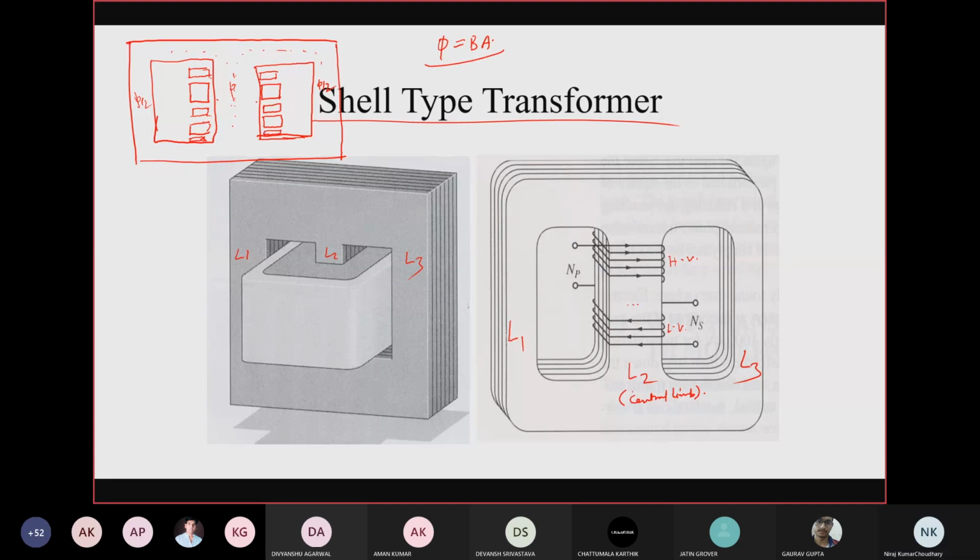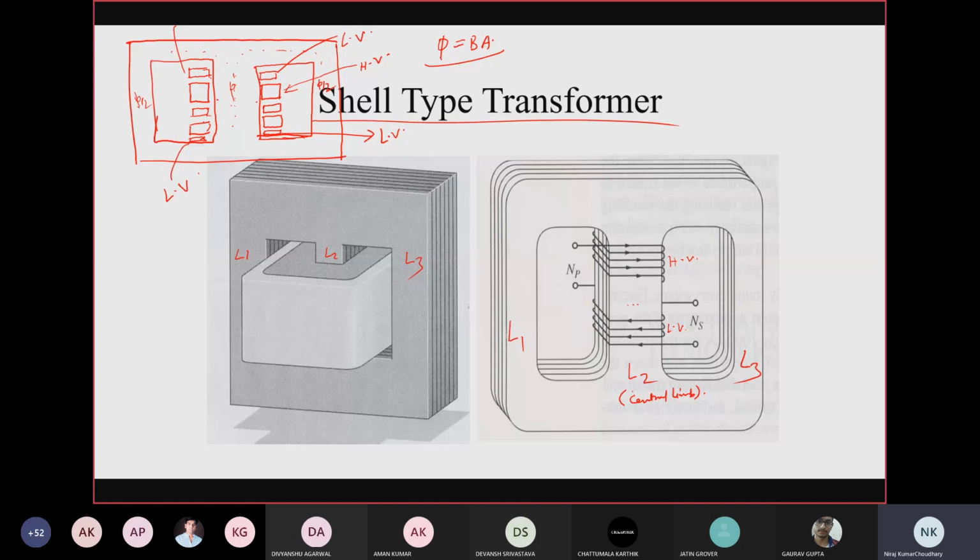Right, these two outer ones are your low voltage winding, this one is also low voltage, and this larger one whose cross section you can see is your high voltage winding in both the cases. So low voltage and high voltage windings are wound over the central limb, and the sandwiched type of winding configuration is used, right?